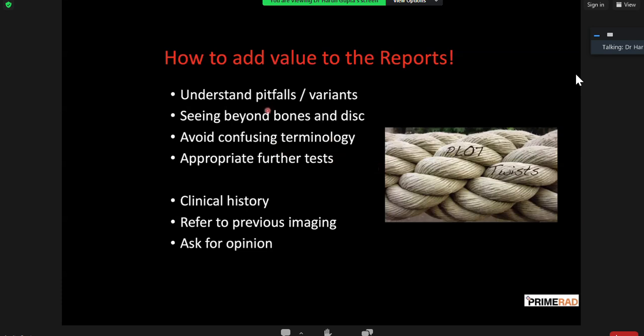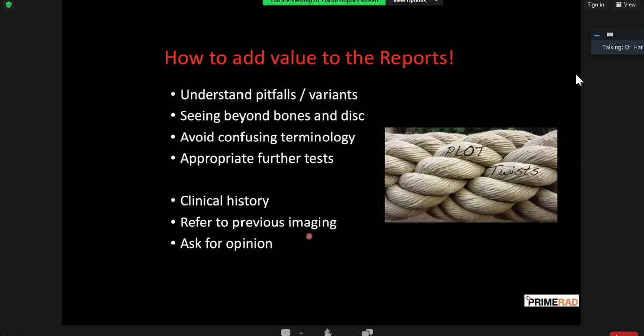So we looked at various things. We understood the pitfalls. We looked at some variants. We also looked at examples of where we need to look beyond the bones and the disc. In my practice, I always try to avoid confusing terminology. I recommend appropriate tests where needed, not always. It is very important to go by the clinical history.